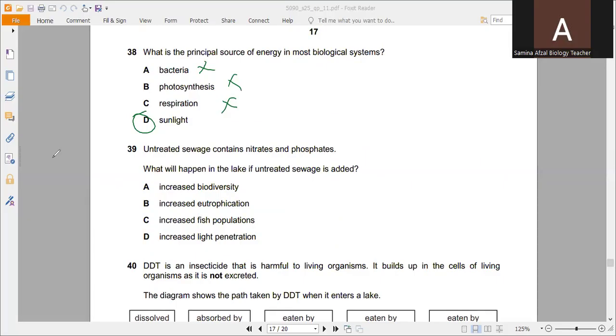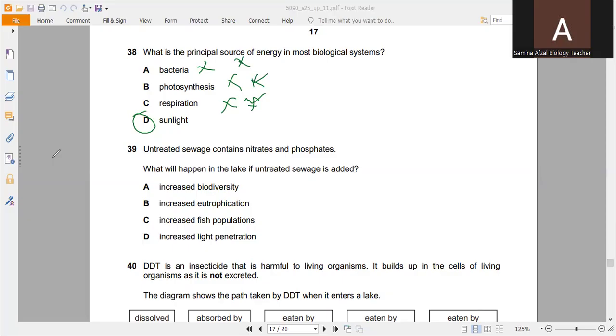Photosynthesis is the food manufacturer, respiration releases energy, and bacteria are microorganisms, they are the decomposers. So again, only D is the source of energy.